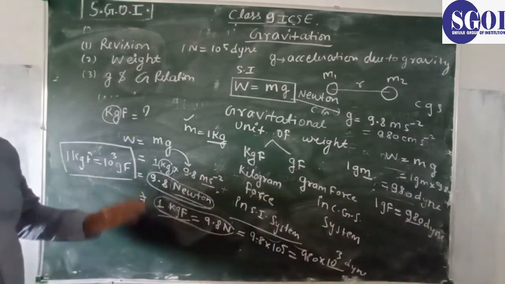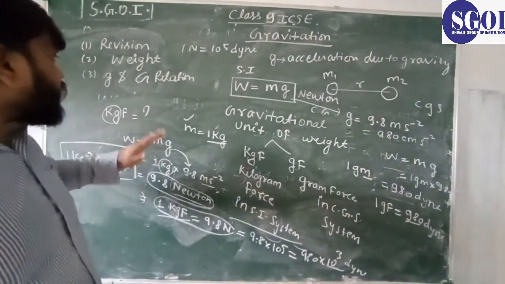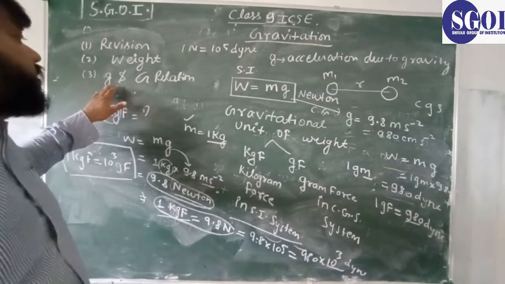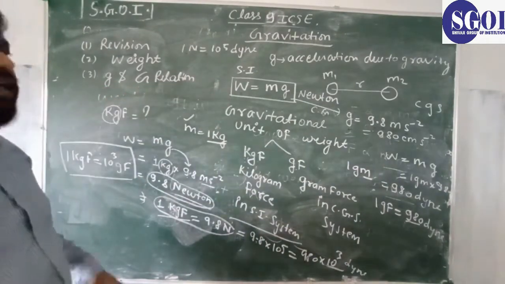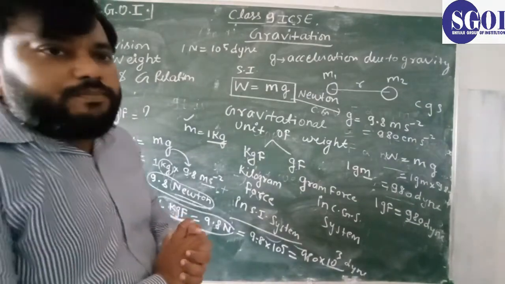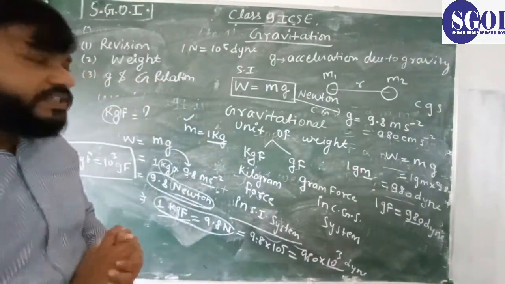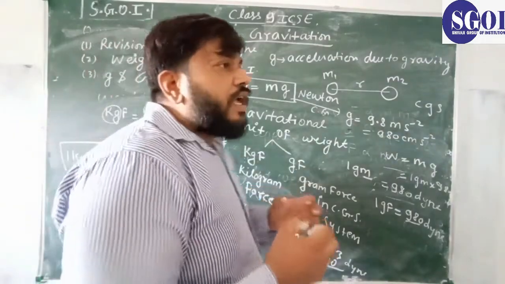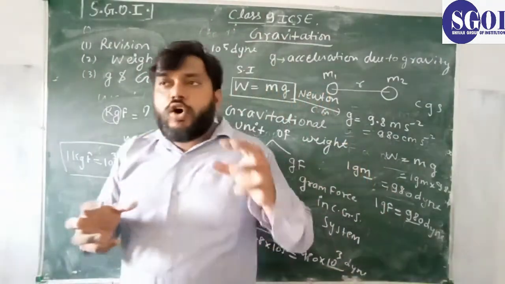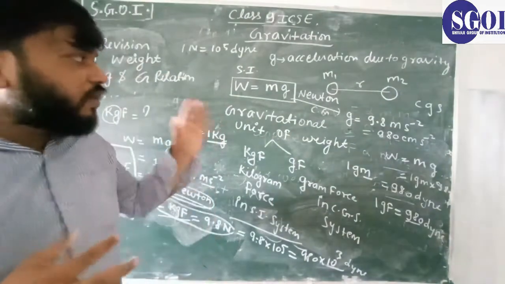So I think this is sufficient for today's video lecture. In the next video lecture we would solve for relation between g and G. So what we have studied? We have studied what is weight. Very important topic, weight. So weight is what? It is the force of attraction applied by the earth on the object, and it is called weight of the object.